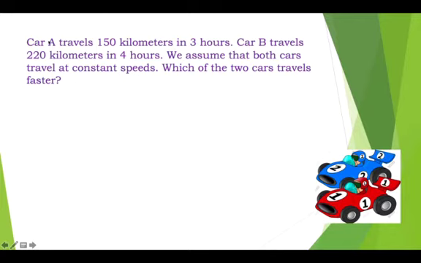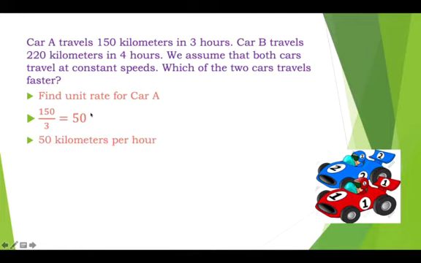Again, we have to find the unit rate for car A and the unit rate for car B. So let's do it. For car A, the unit rate will be 150 over 3, which is 50. What does that mean? It means 50 kilometers per hour.